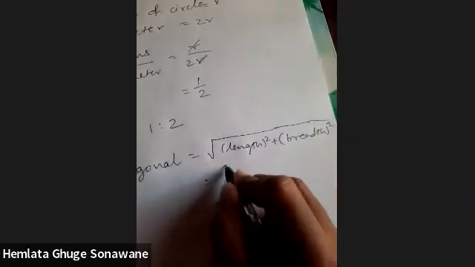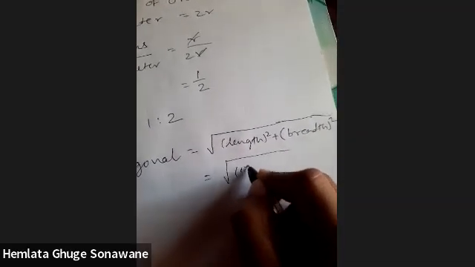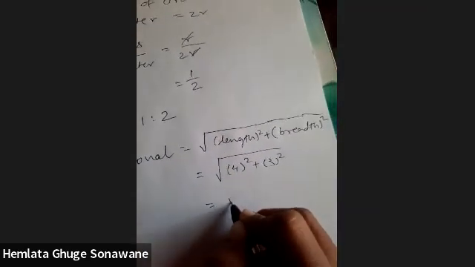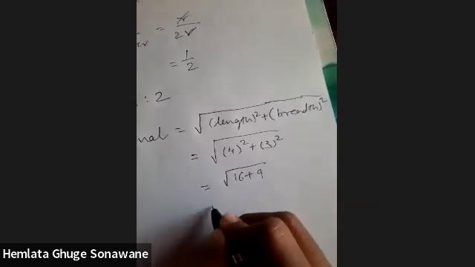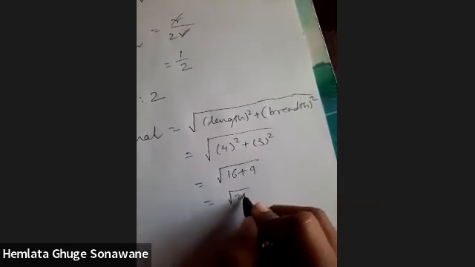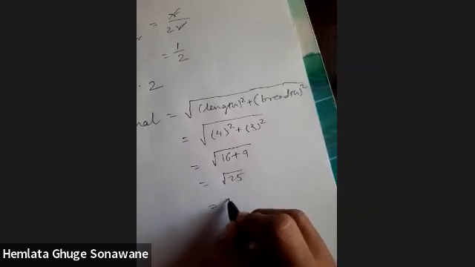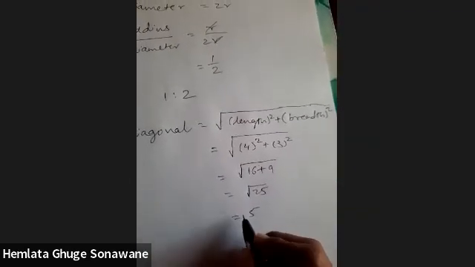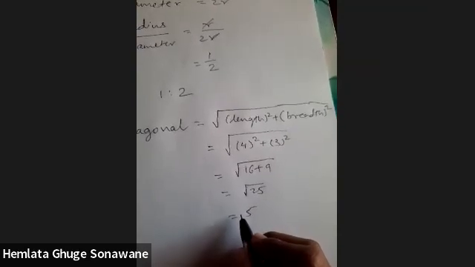Now length is given, 4 square plus breadth is 3 square. It becomes 16 plus 9. That is 25. And under root 25 becomes 5. This is the diagonal of the given rectangle.